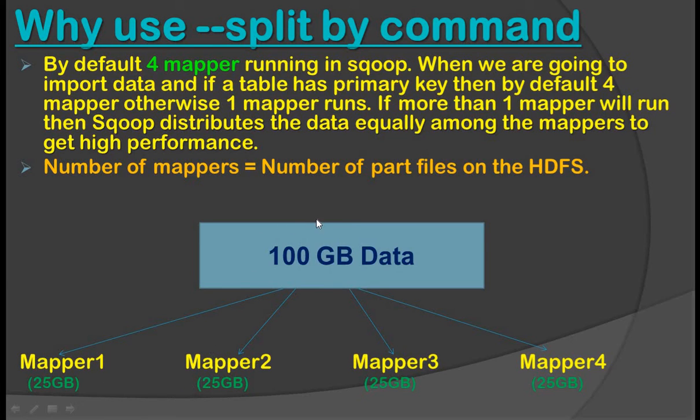It splits the 100 GB of data, and Sqoop splits by a column. If there is a primary key, then we do not need to specify the split-by column. Sqoop will automatically split data by the table's primary key column, and if we specify split-by, then Sqoop will split the table data and divide it among different mappers based on the split-by column.